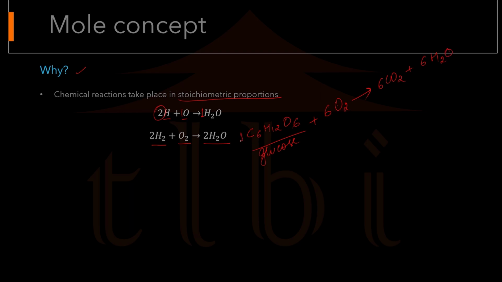If a number is not written, that means it's 1. So as you can see here, this complete oxidation of glucose also occurs in a stoichiometric proportion where we have 1 molecule of glucose reacting with 6 molecules of oxygen, right?